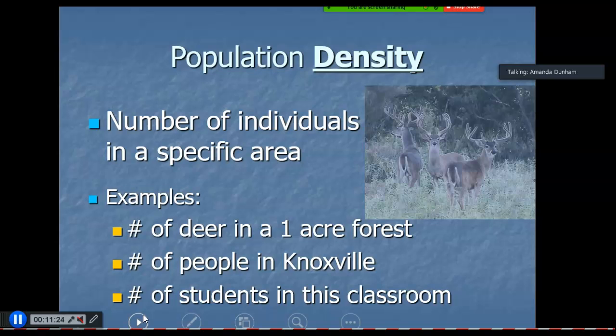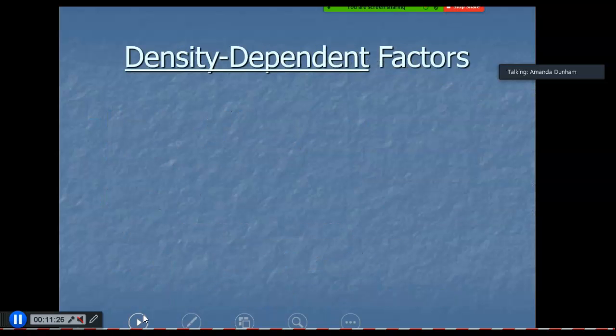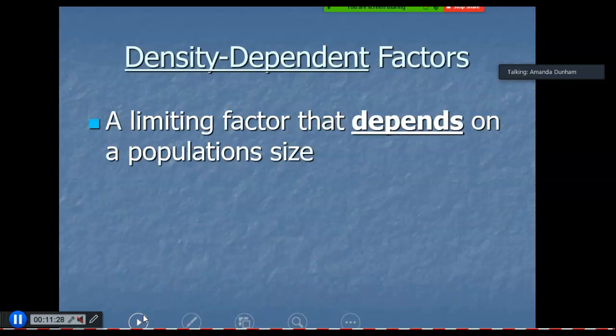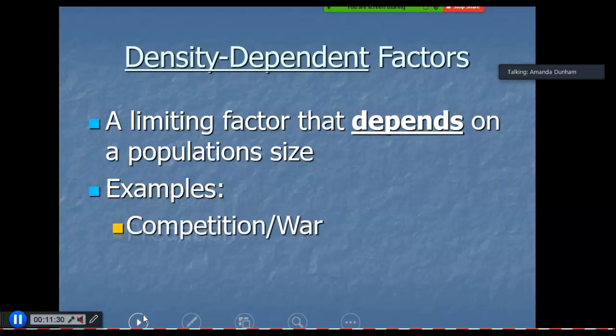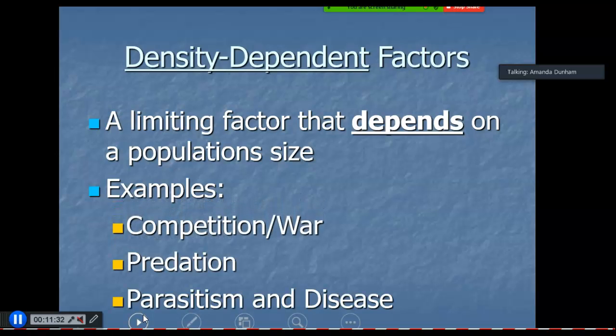Population density actually has its own limiting factors. A limiting factor that depends on the population size or density is a density dependent factor.